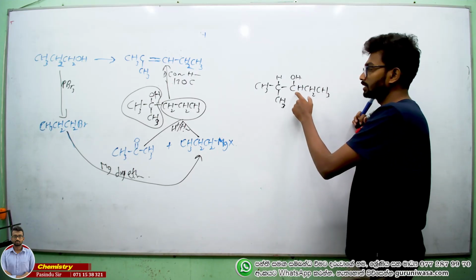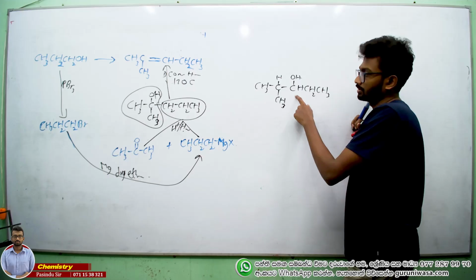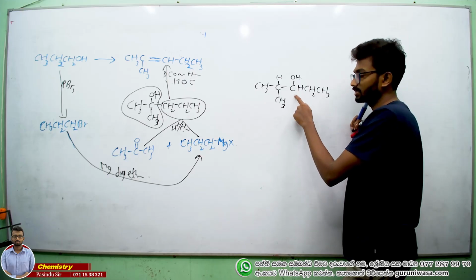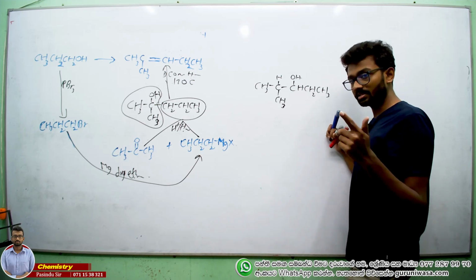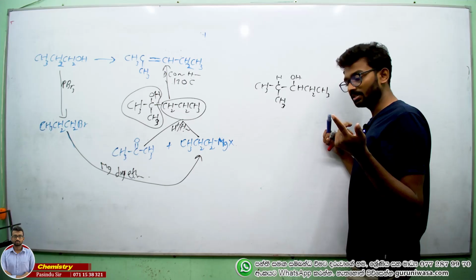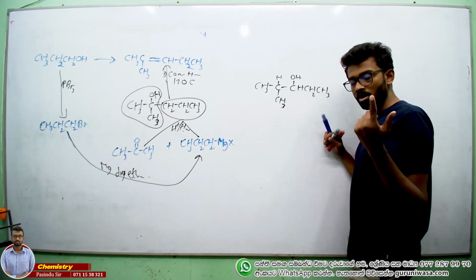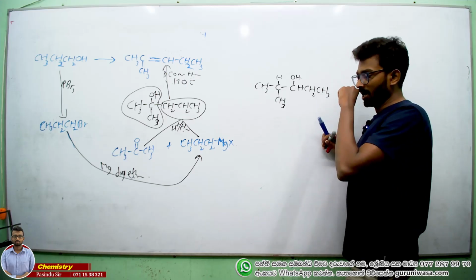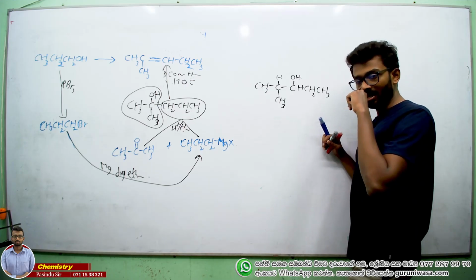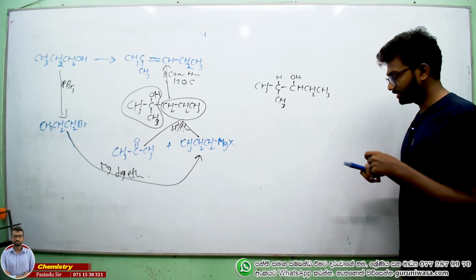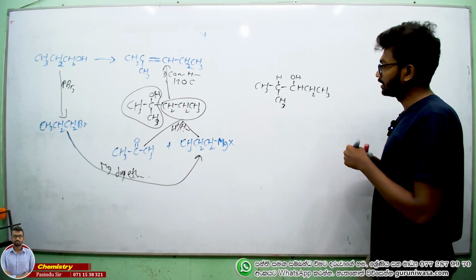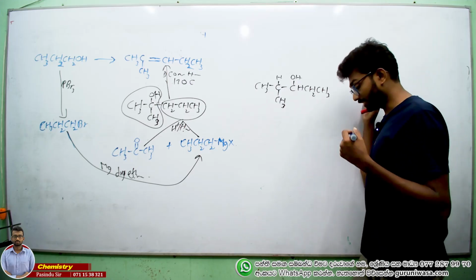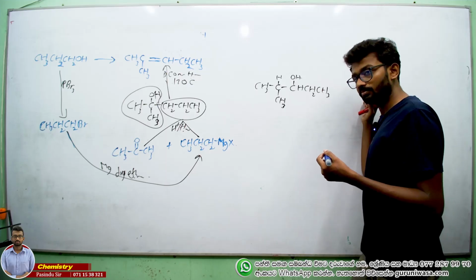Now this is what? Tertiary or secondary? This is a secondary alcohol. So how to get a secondary alcohol? By reacting Grignard with aldehyde, right? Aldehyde gives secondary alcohols.